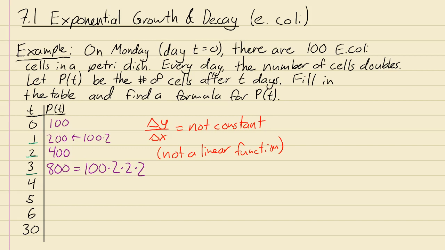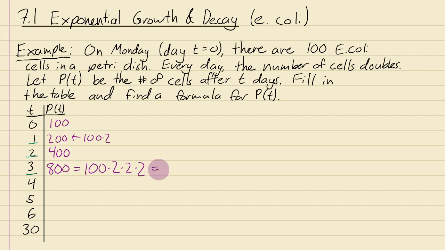So doubling it 3 times is the same thing as multiplying by 8. So you can see this as 100 times 2 to the power 3. 2 to the power 3 is 8, and 100 times 8 is 800. And the reason I wanted to do that is because it shows you where the number 3 can show up in this calculation.